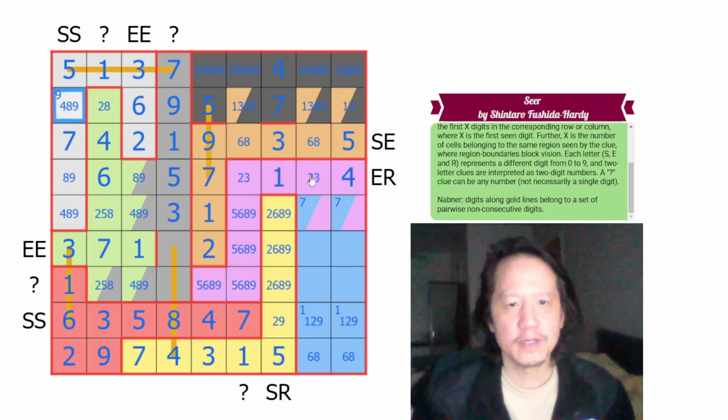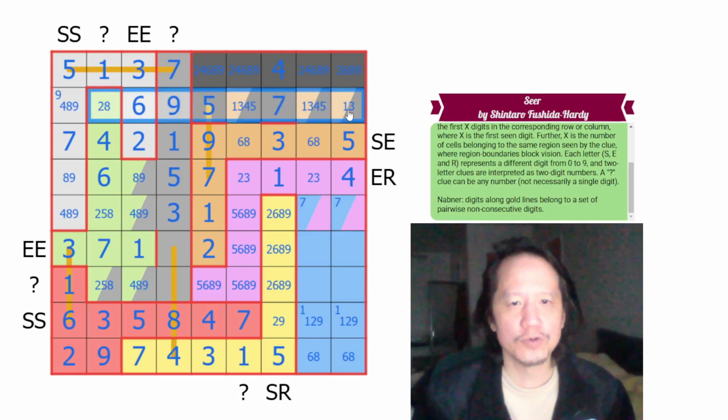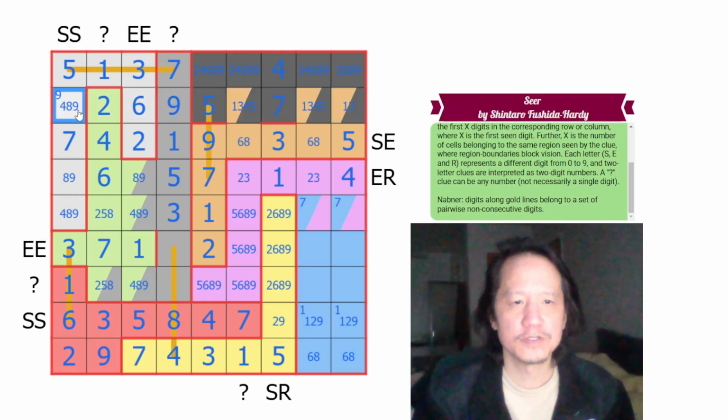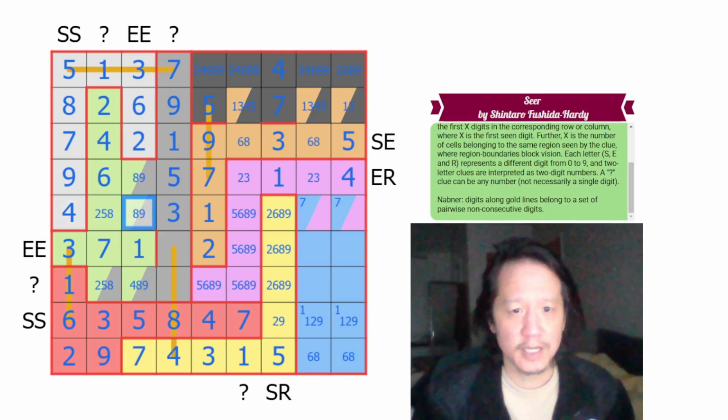This can't be 9, and we know there's a 4 here. Where is the 2 also in row 2? It has to specifically be here. So this is 2, and this has to be 8 because there's no other place for 8 in row 2. So this has to be 8, which makes that a 9, which makes that a 4. This can't be 4 anymore, therefore this is 8 and 9.